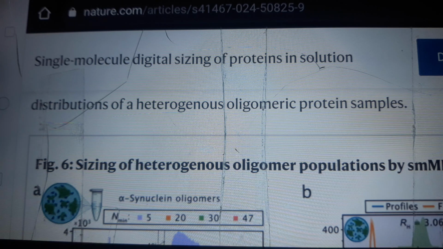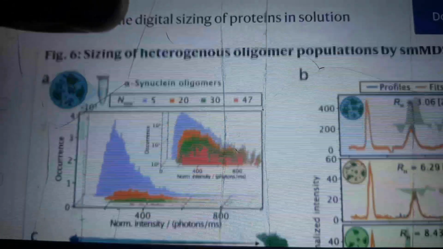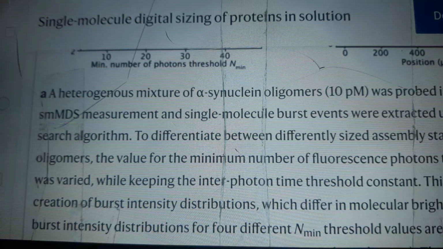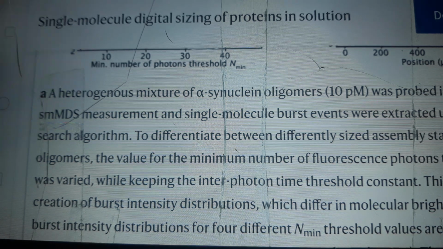Now we deal with sizing of heterogeneous oligomer populations by SMMDS. A heterogeneous mixture of alpha-synuclein oligomers, 10 picomolar, was probed in a single-step scan SMMDS. Single molecule burst events were extracted using the burst search algorithm.